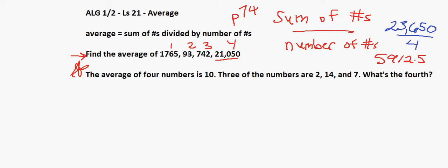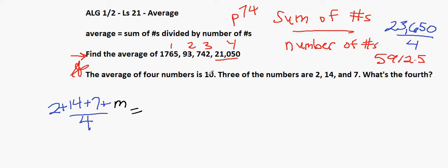Number of numbers is known. What is it? 4 total numbers. And we know what? We know 2, 14, and 7. 2, 14, 7. What could I write for the 4th number that we don't know? How about a variable? And we know that this equals, do we know what that equals?